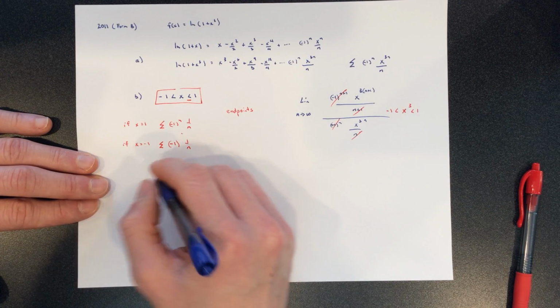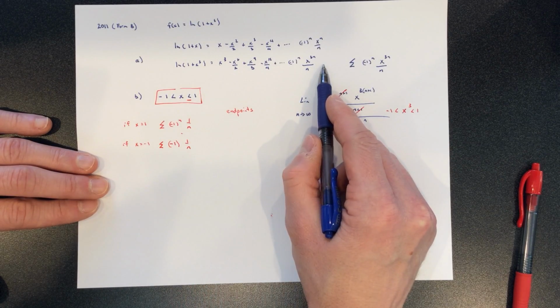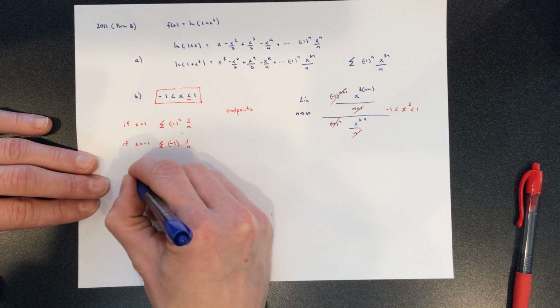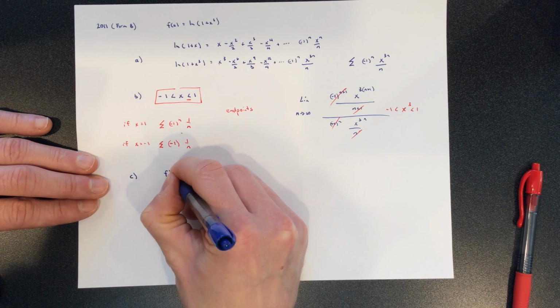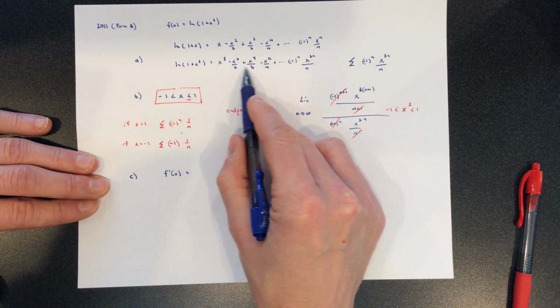F prime of t squared. Okay, so here's f. So let's just find f prime. F prime of x is me taking this derivative. Okay, so just take these derivatives.